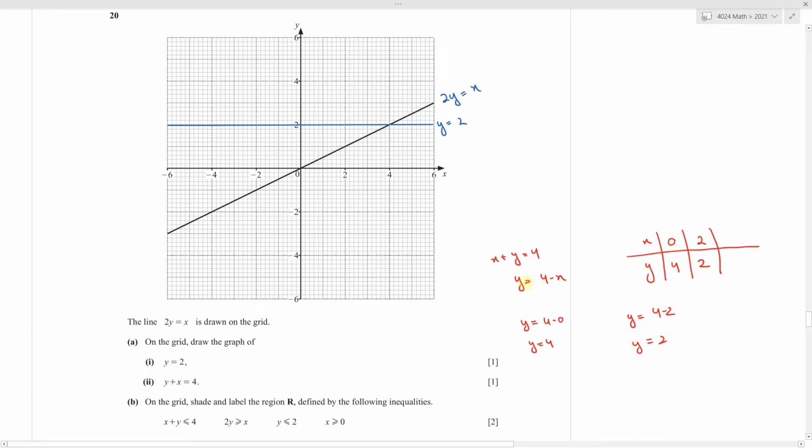So these are the 2 points that lie on this line y equals 4 minus x, or x plus y equals 4. So 0, 4 is this point, and then 2, 2 will be this point here. And if we join these two, I will get my line. So this is x plus y equals 4.